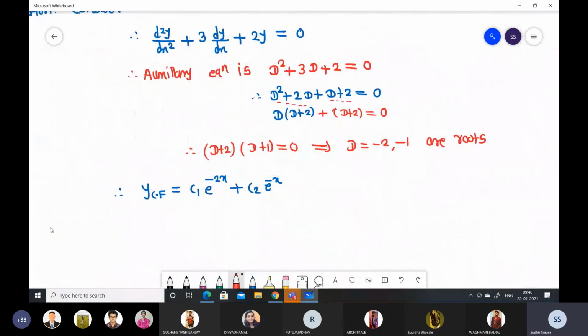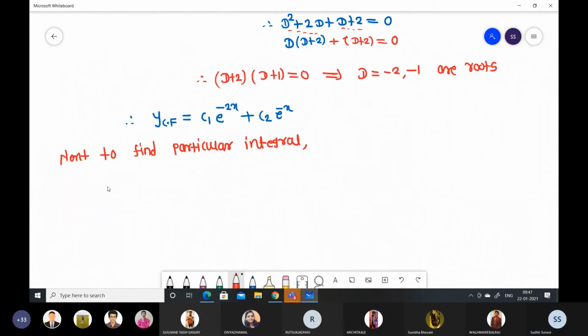Next, to find the particular integral, y_P is given by, as I told you earlier, you have to consider the inverse differential operator, meaning 1 upon phi of d times f of x, right?